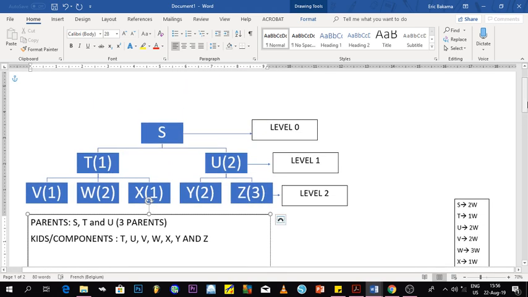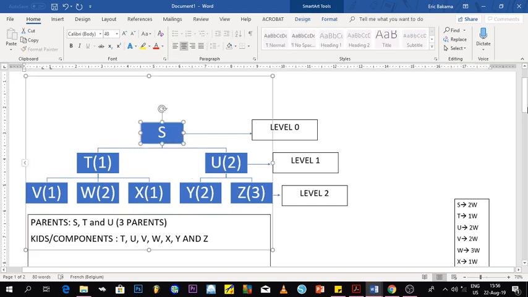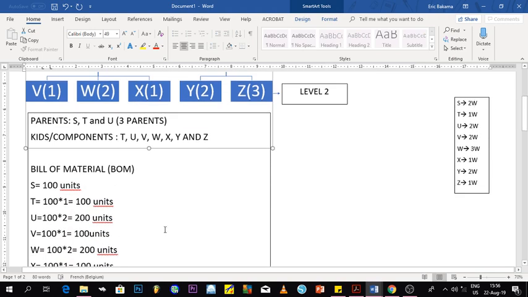Now remember, in the very first part of the video, we talked about dependent demand. Which means that all the demand that are here, all the units T, U, V, W, X, and so on, the amount of unit that will be required from them will depend on S. Initially, this bill of material here is because we are talking about 100 units.